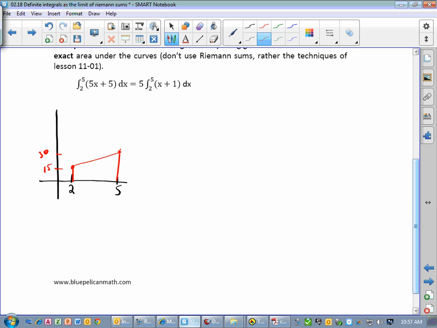Okay. Trapezoid. So the integral from 2 to 5 of 5x plus 5 dx is equal to 1/2. Now the two bases, remember, are the parallel sides, so we've got 15 and 30, times the difference in the bases, so these are 3 apart.